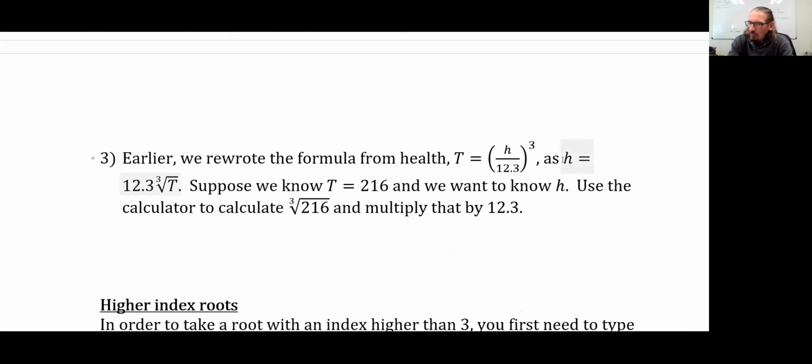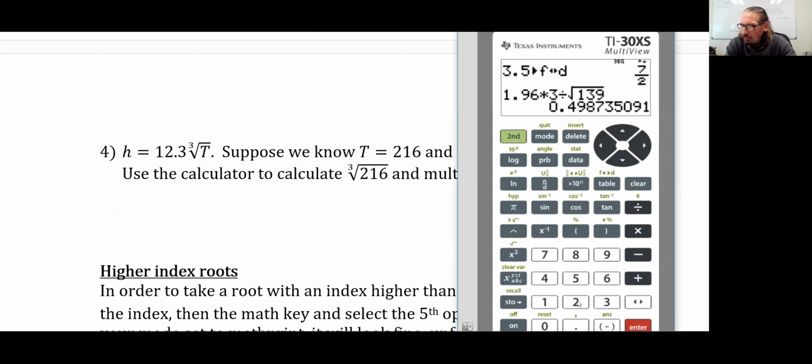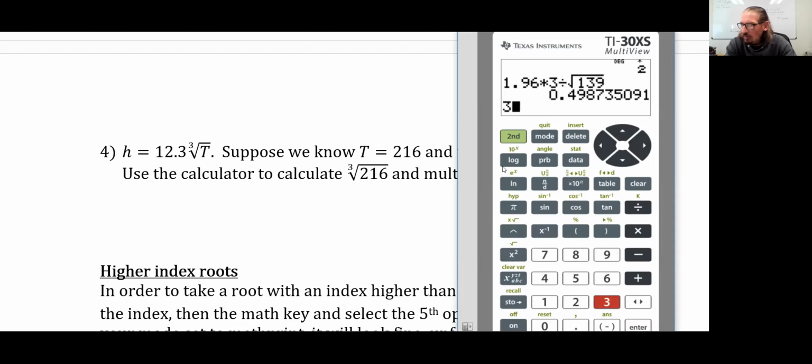And another one that we rewrote a formula. Let's see, say we put in 216 for t and then multiply it by 12.3. I could either say, okay, index of 3, cube root of 216, which is 6.